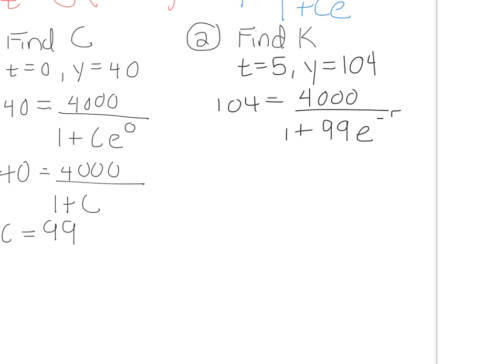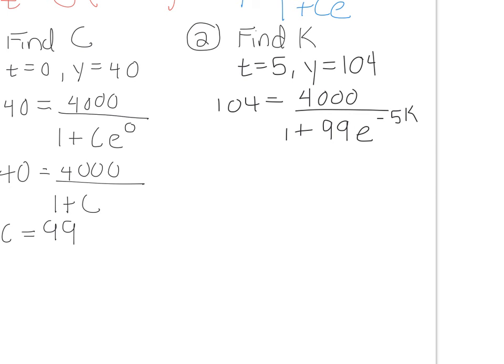All right, and so then this becomes a bunch of algebra. You're just going to cross multiply and solve for k. It's in an exponent, so you will end up having to use natural logs, and I am going to assume that you can do that now.